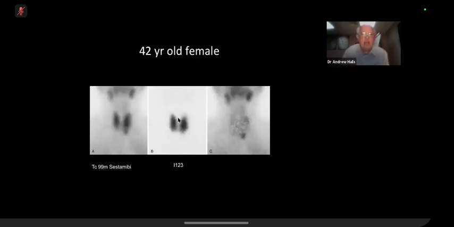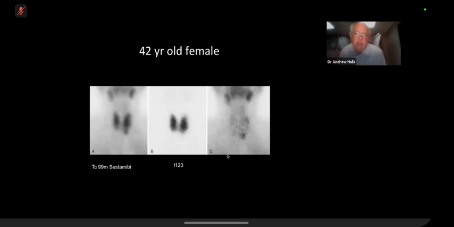And then you take B away from A and you get C. It just demonstrates more easily the fact that you've got an area here of uptake that isn't thyroid, that in fact is parathyroid. So that's quite often used in nuclear medicine. You use different radiopharmaceuticals and you take one image away from another to show something. So that is an area of a parathyroid adenoma.